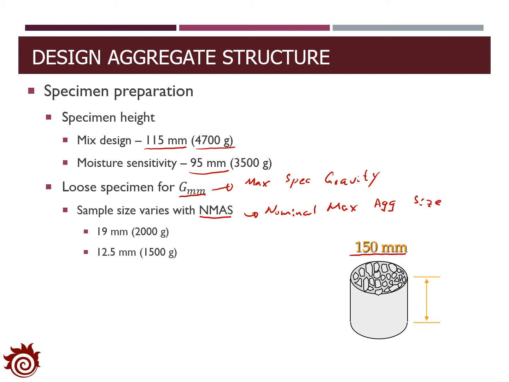That is defined in the previous pages. If the nominal maximum size is around 19 millimeters, then the weight of the sample should be selected as 2 kg. If it's 12.5 millimeters, then we will only need to choose 1.5 kg of the sample.